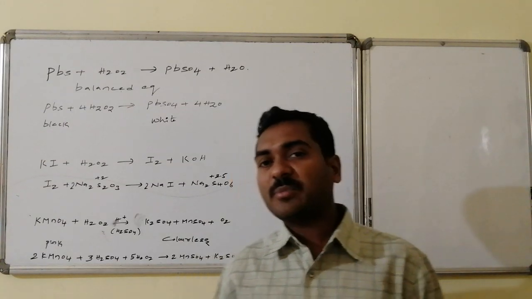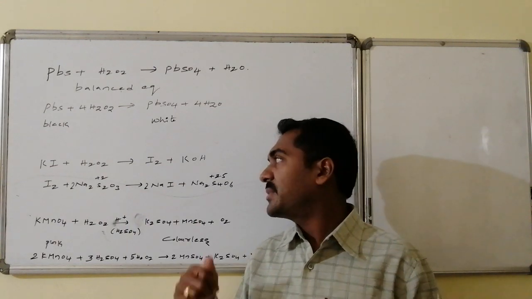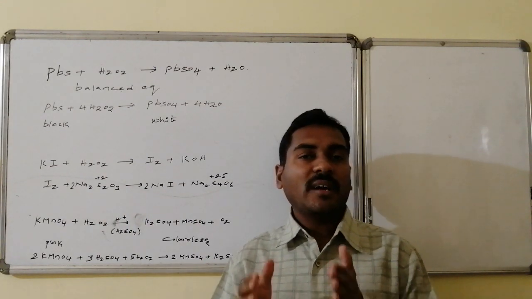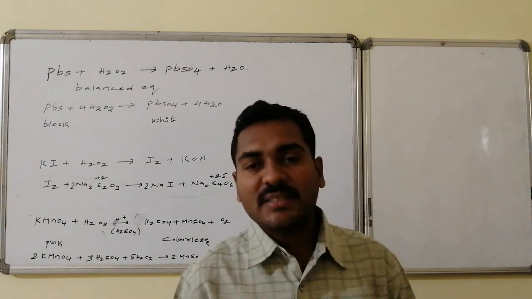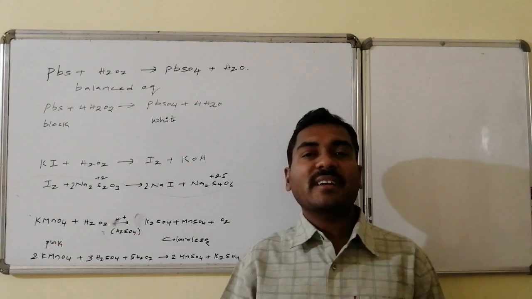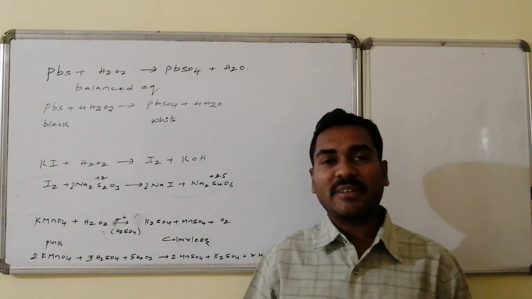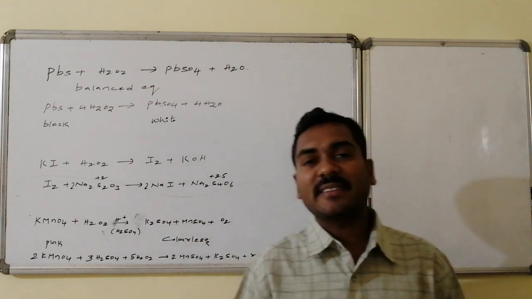That paper, if it is exposed to hydrogen peroxide, the potassium iodide on reaction with hydrogen peroxide, which acts as an oxidizing agent, is converted to iodine. This iodine once again reacts with the sodium thiosulfate. Sodium thiosulfate is not a great oxidizing agent.